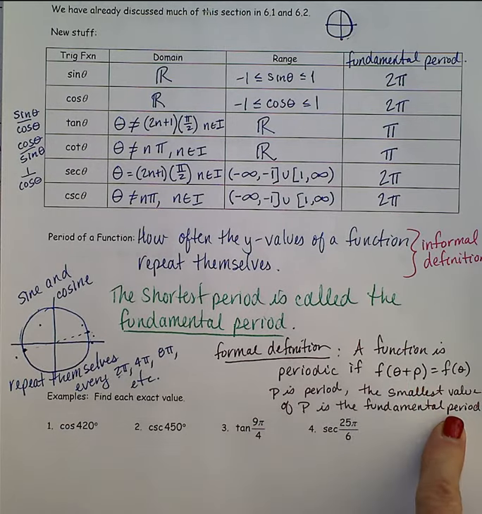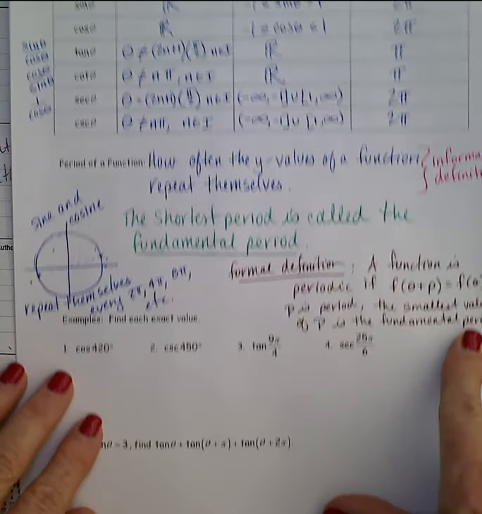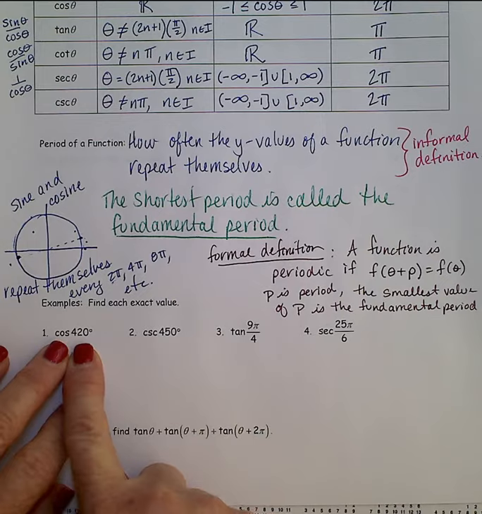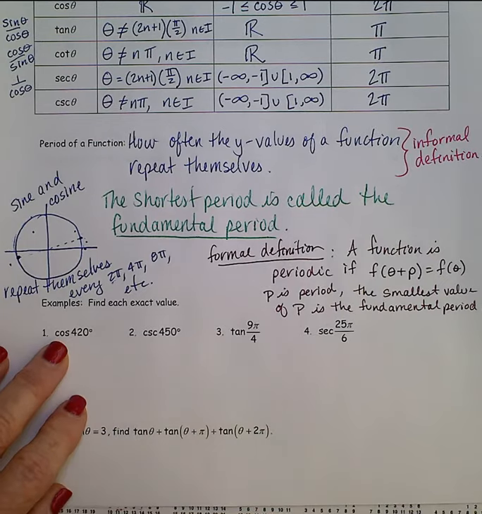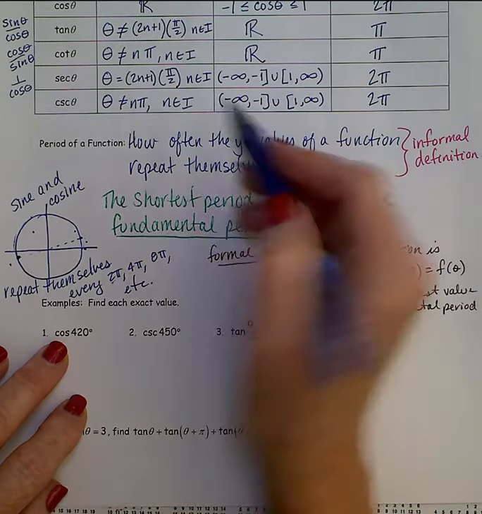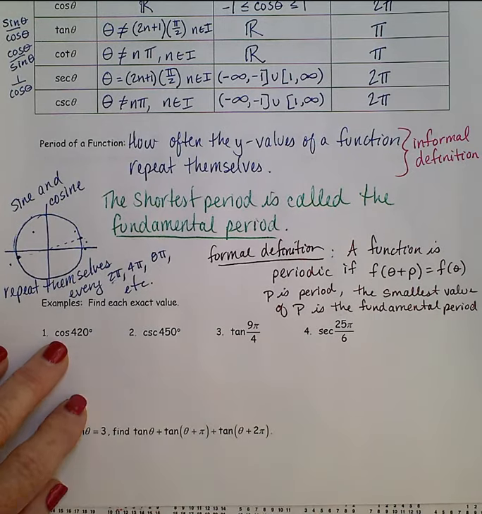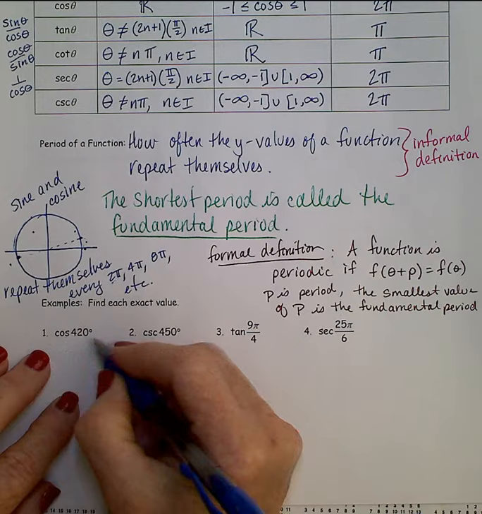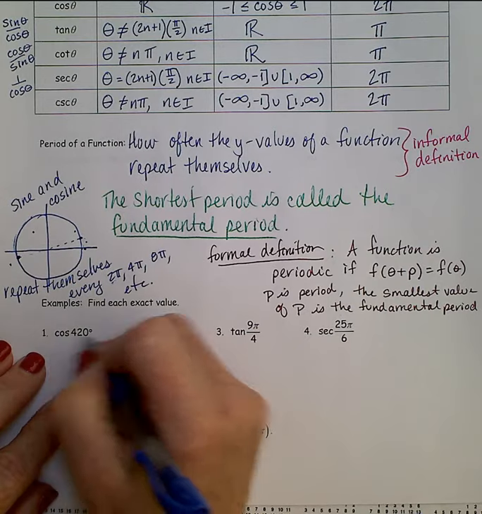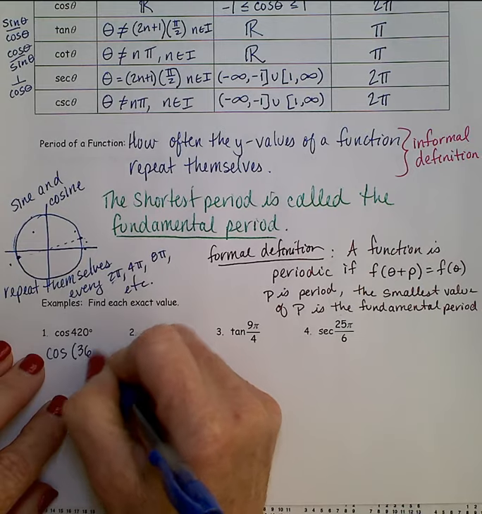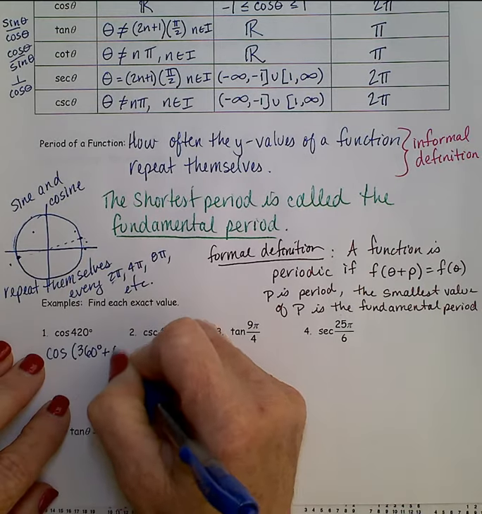If we apply it to a specific example, look down here at cosine 420. We're in degrees now, so think degrees for a moment. For cosine, the period was 2 pi radians, or 360 degrees. That says you can write this 420 as the cosine of 360 degrees plus 60 degrees.